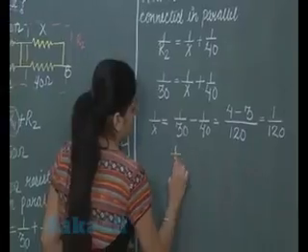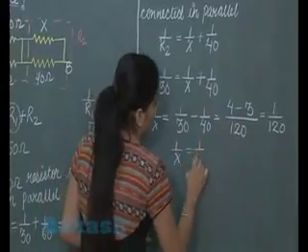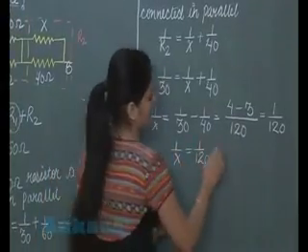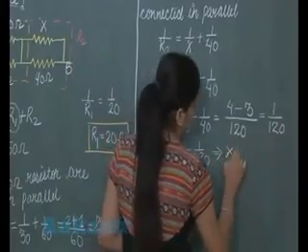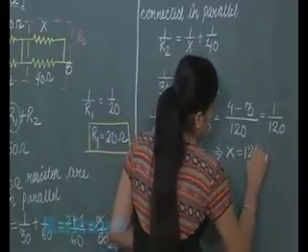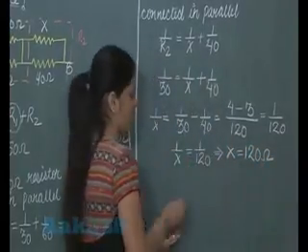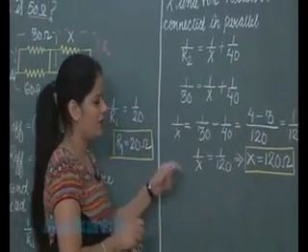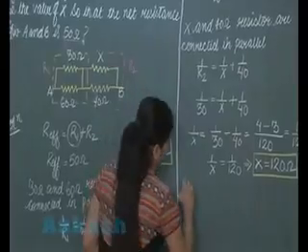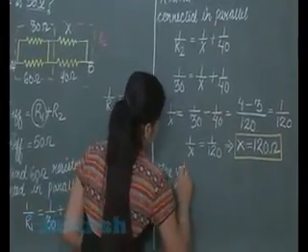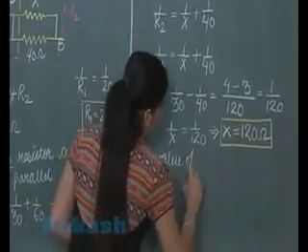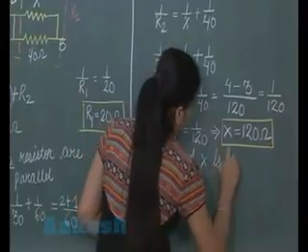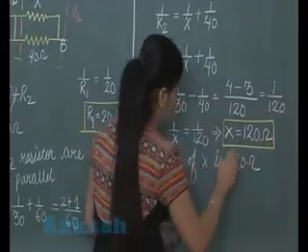So student, this 1 by X is equal to 1 by 120. This implies that X is 120 ohm. So student, the value of X is found to be 120 ohm.